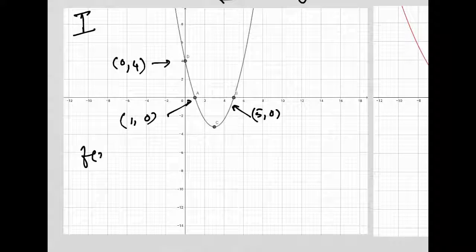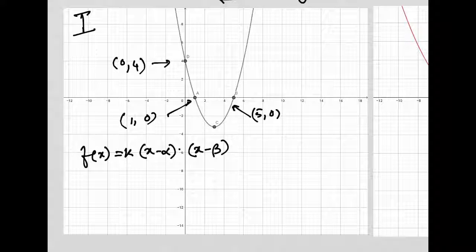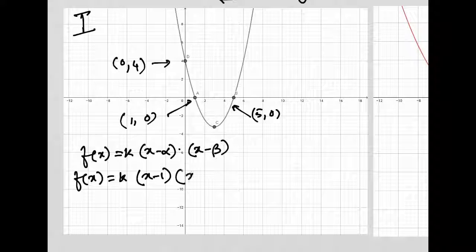We will simply use f(x) = k(x - alpha)(x - beta), this expression. So first we keep the information f(x) = k(x - 1)(x - 5).